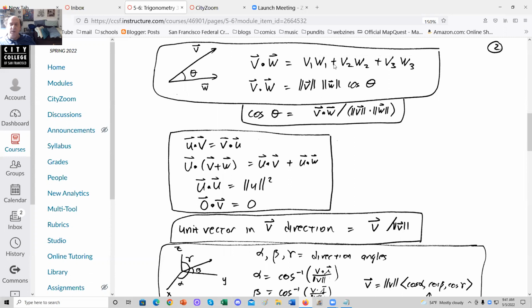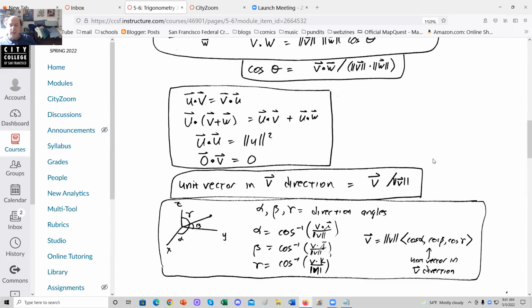That follows from both of these pretty much directly. u dot u is u1 squared plus u2 squared plus u3 squared, and therefore the length squared. Also, it's length of u times cosine of 0 degrees, which is length of u squared. And there's a zero vector with components 0 by 0 by 0, and its dot product with any vector v is 0.